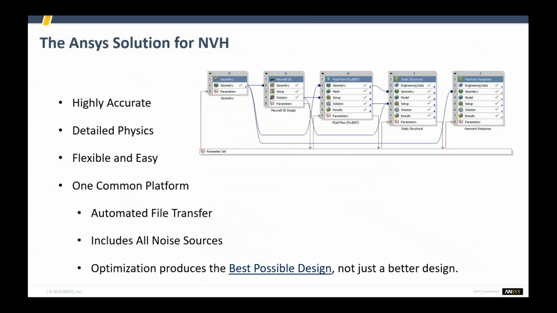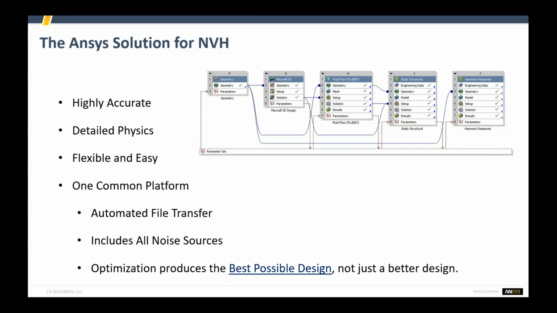So the Ansys solution provides finite element analysis, simulation, and expertise in all areas of noise contribution. So this presentation highlights the main steps from calculation of excitation forces, structural vibration, and acoustics.